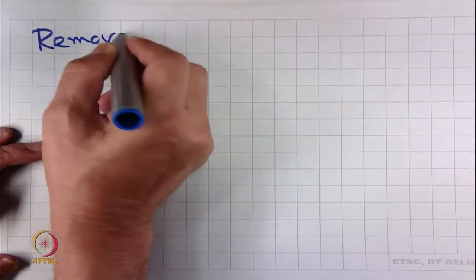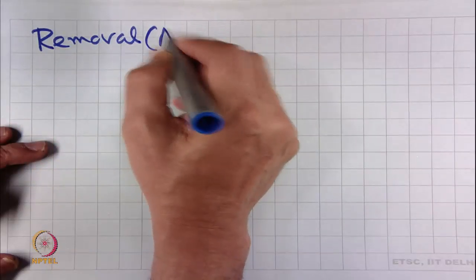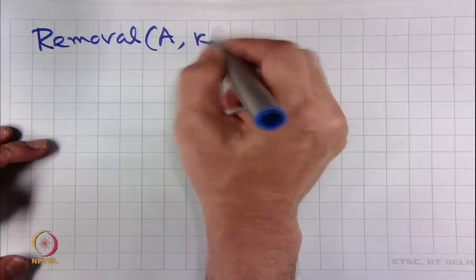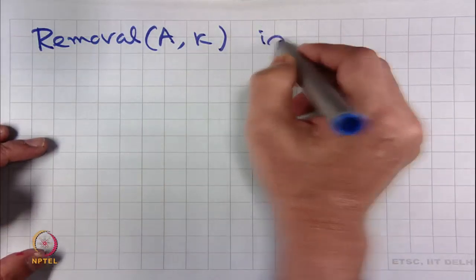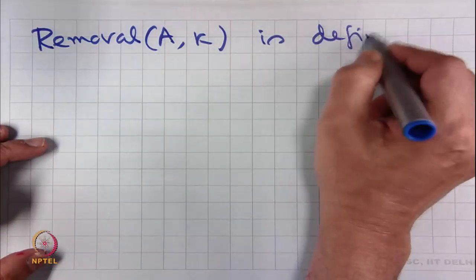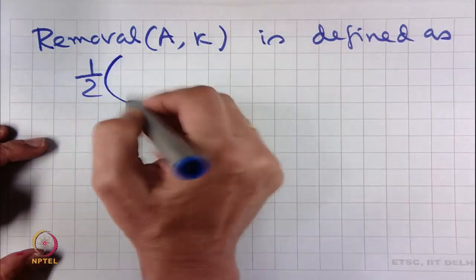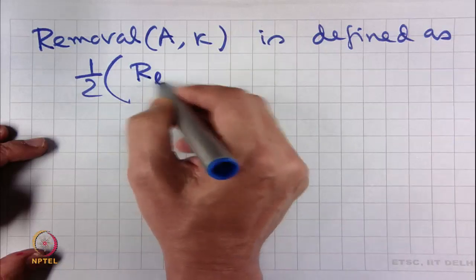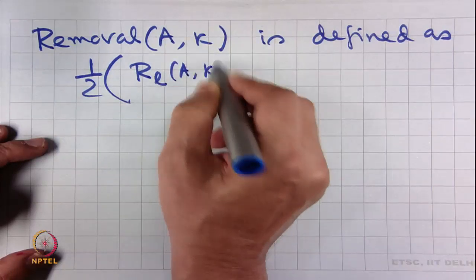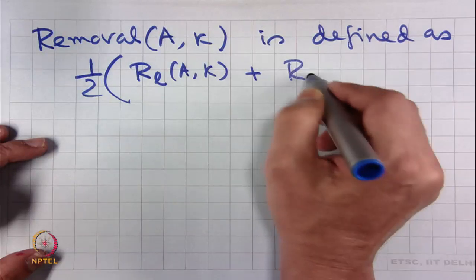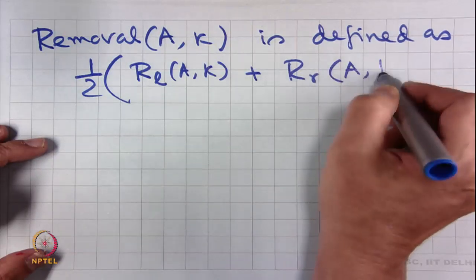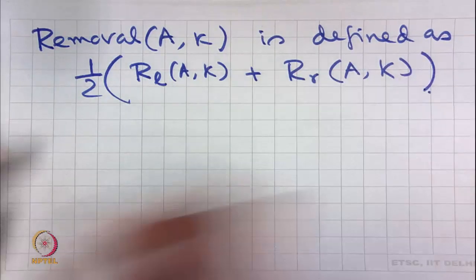Removal of A comma k is defined as half of R L of A comma k plus R R of A comma k.